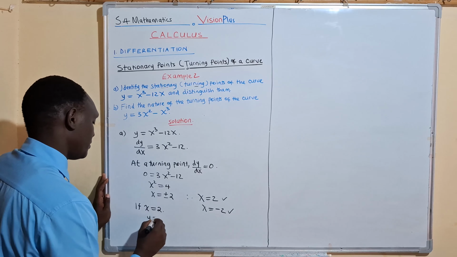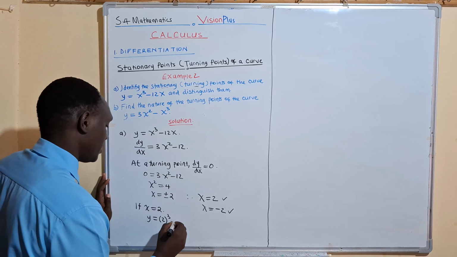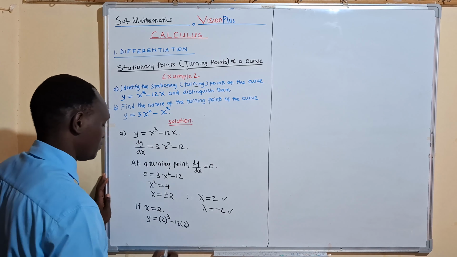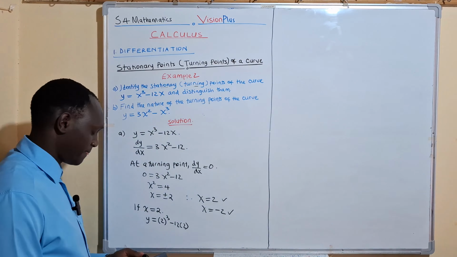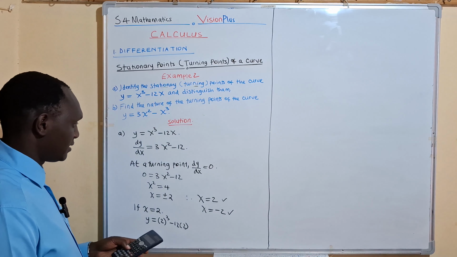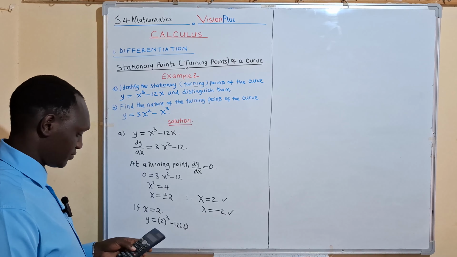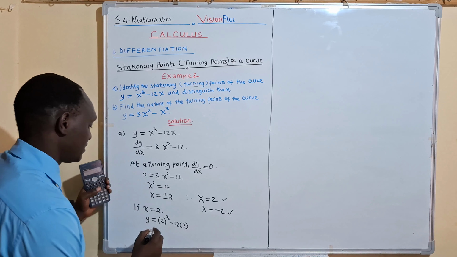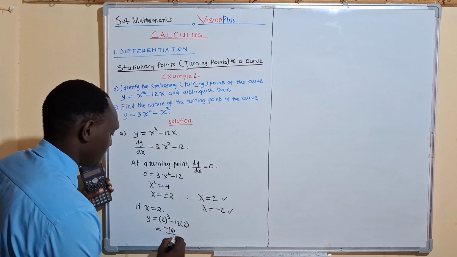So y becomes x cubed, the x is 2 cubed minus 12 times 2. 2 to the power 3 is 8, minus 12 times 2 which is 24. That gives negative 16.